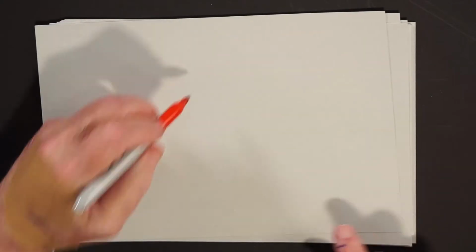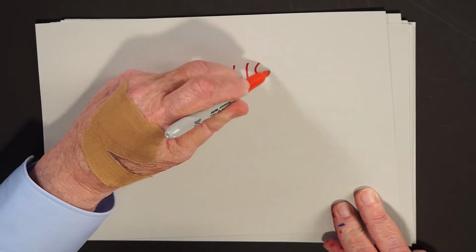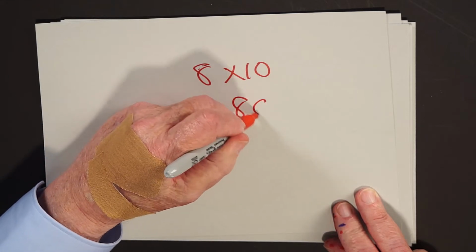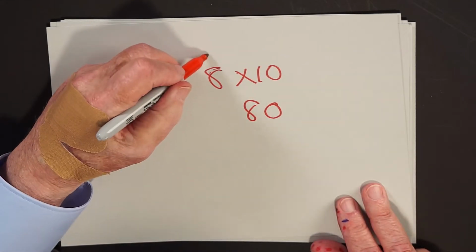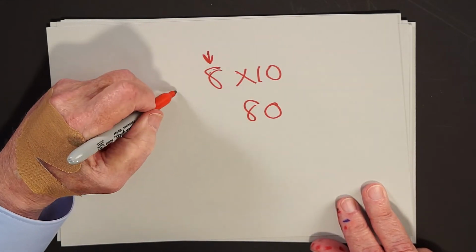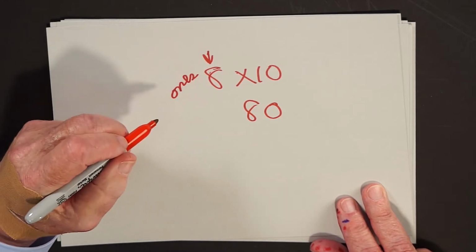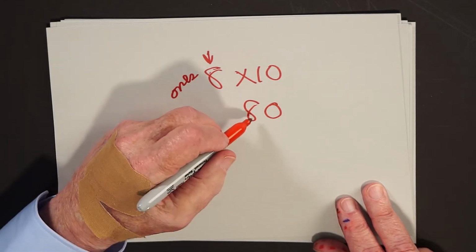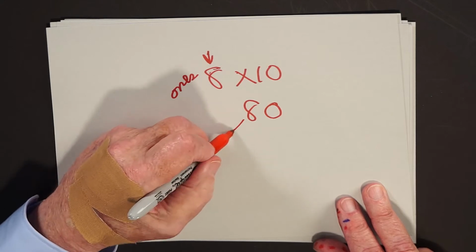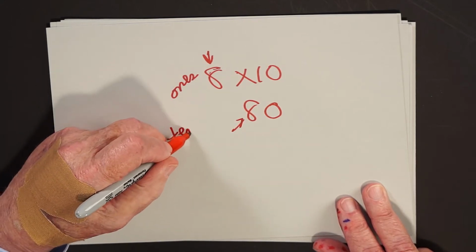Now, why was the answer that way? Let me just take a quick look over here. You want to multiply 8 by 10. And they said what? Just tack on a 0. Well, you see what happened over here? Written this way, the 8 is modifying 1s. As soon as I tack on the 0, what have I done? I've moved the 8 into the tens place.